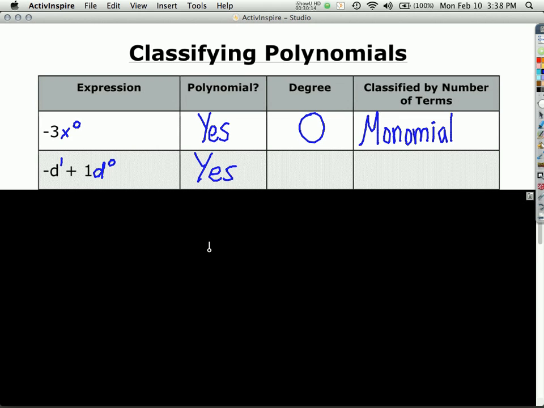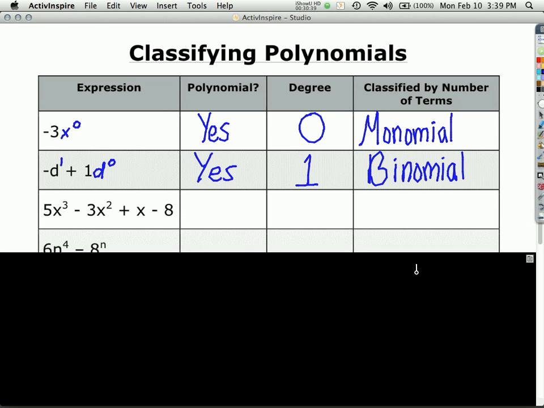What is its degree? Alyssa? 1. You're looking for the largest exponent, and that is its degree. What will its name be? Sebastian? Yeah, there's 2 terms. It will be a binomial. Excellent job. Any comments or questions?